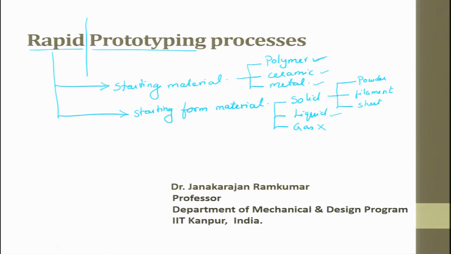Even if it is initiated or activated by the presence of photo, that is to say light, it is called photopolymerization. When you take a polymer in powder form, you can use a laser, so it will be more of selective laser sintering. If you take metal, it can be selective laser sintering or selective laser melting.